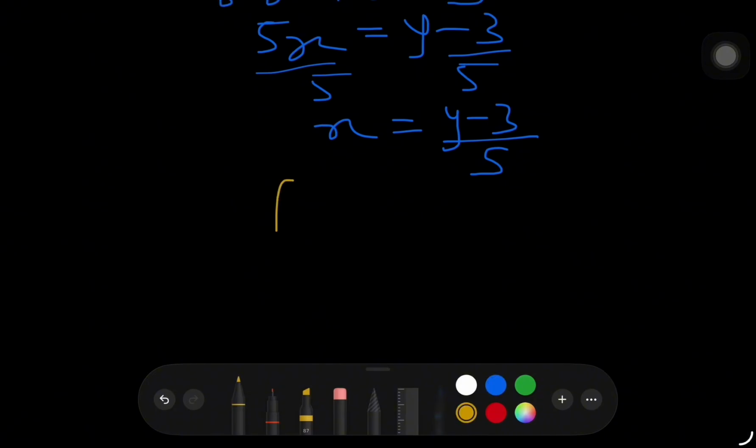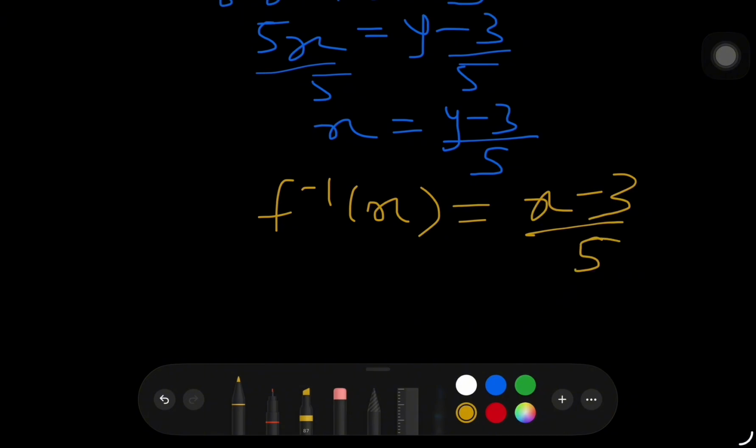Then we redefine our variables and say that f inverse of x is now equal to x minus 3 all over 5.